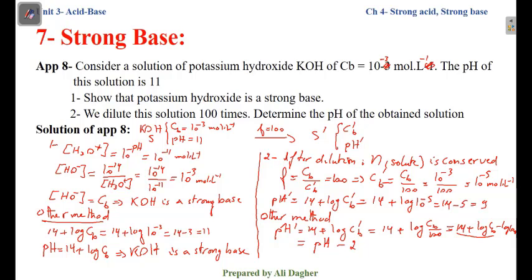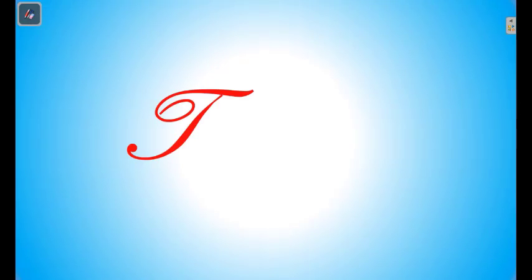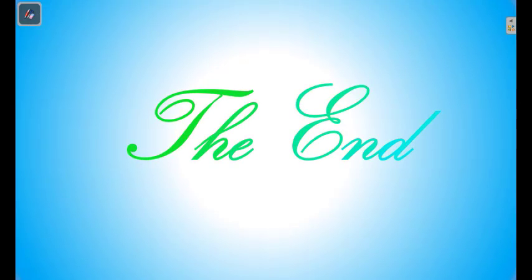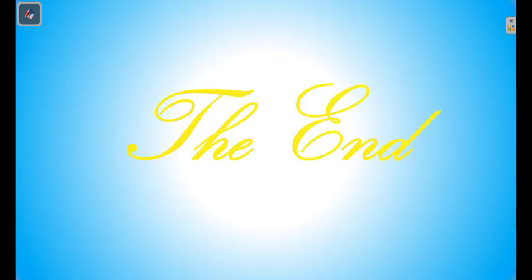Then pH' equals pH minus 2, 11 minus 2 equals 9. Then if we are not given Cb and C'b, we can deduce pH' from F and the old pH. This is the end of part 5 of chapter 4, strong base.